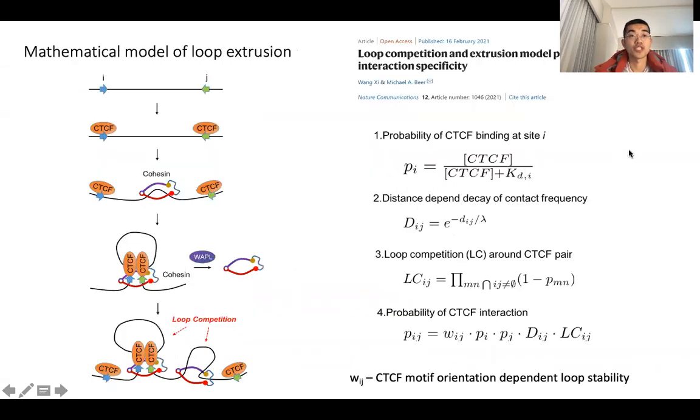To answer the first question, we developed a mathematical model of loop extrusion. Loop extrusion is a biological process that has been proposed to explain the formation of CTCF loops.